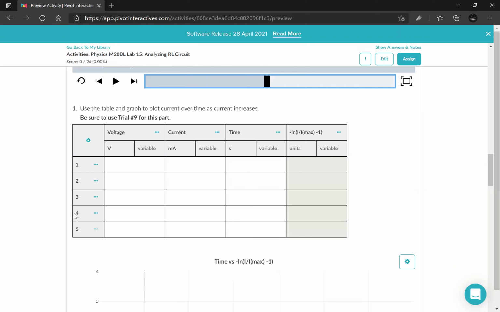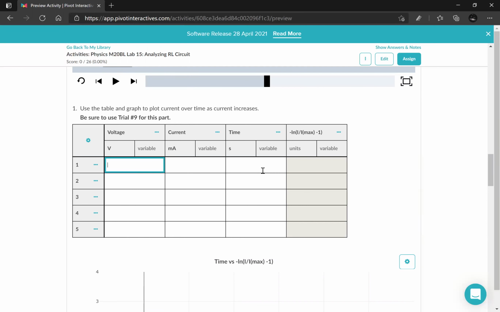So you want to take measurements. I would recommend taking 10 measurements, even though there's a table for only 5. Make 10 measurements where the time is, let's say, 0, 0.2, 0.4, something like that.